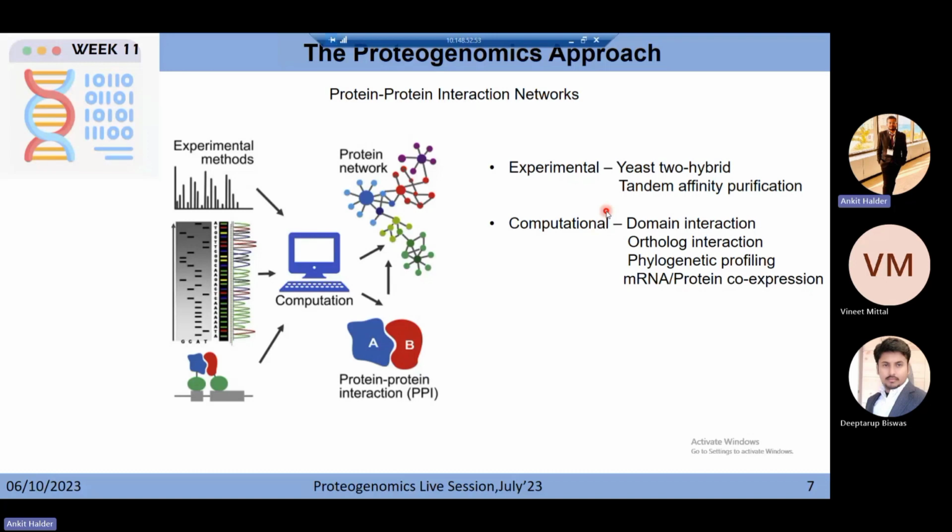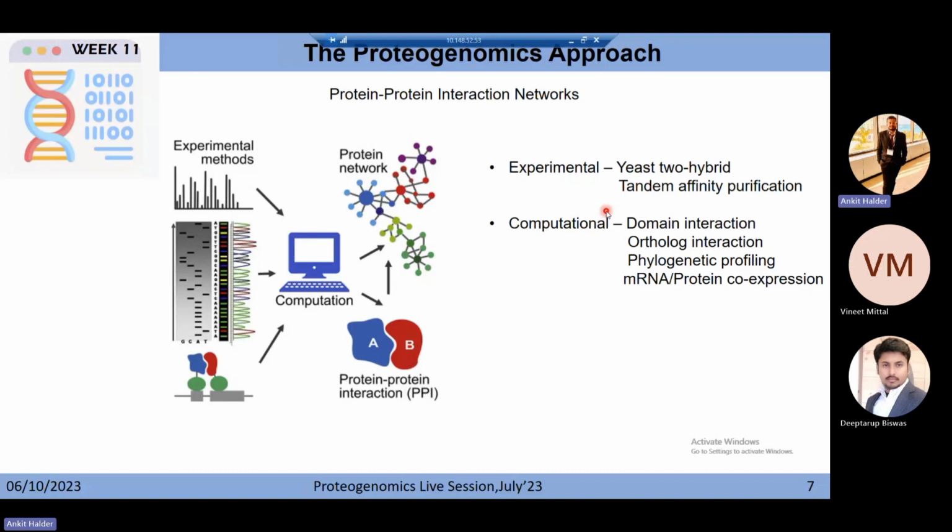Second is the ortholog interaction, and then the phylogenetic profiling. Phylogenetic profiling will help, because if you have proteins in a very conserved region or a conserved sequence, then on the basis of, you can say, the topology module, those proteins will mostly be connected with each other.